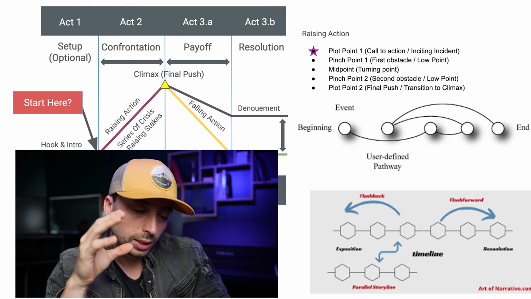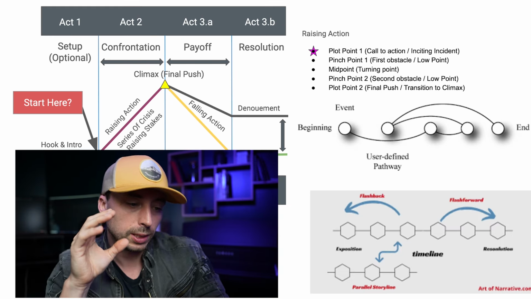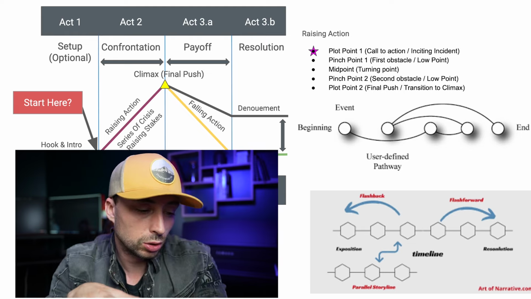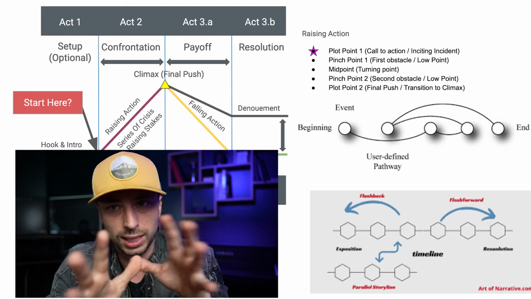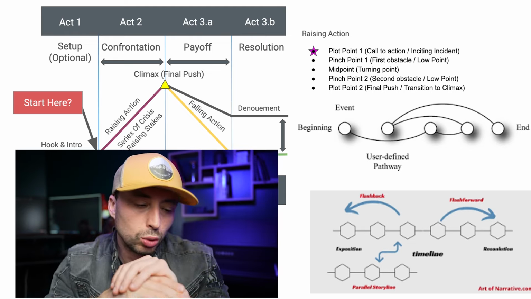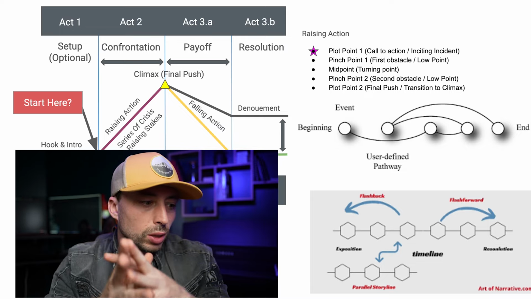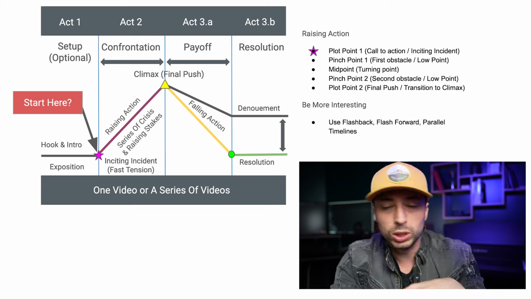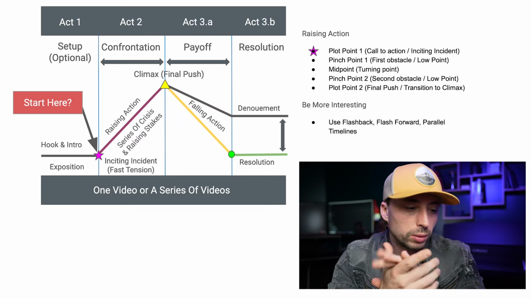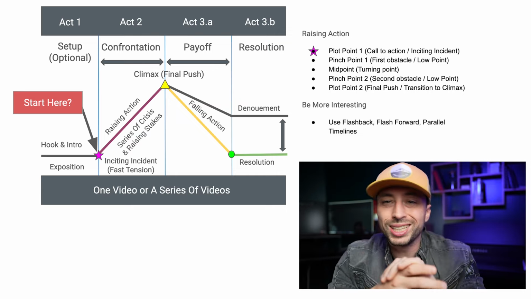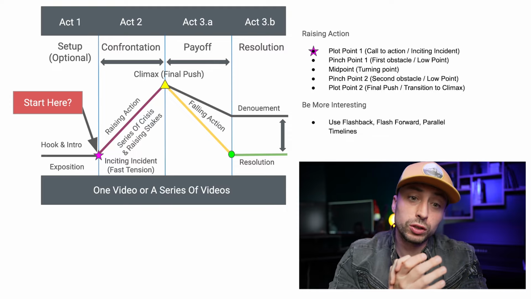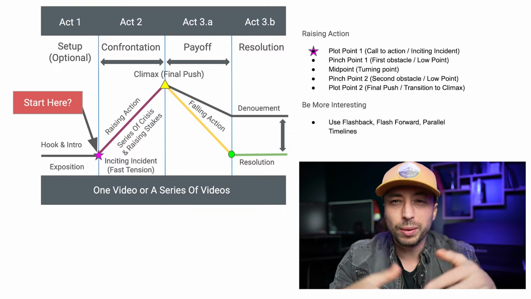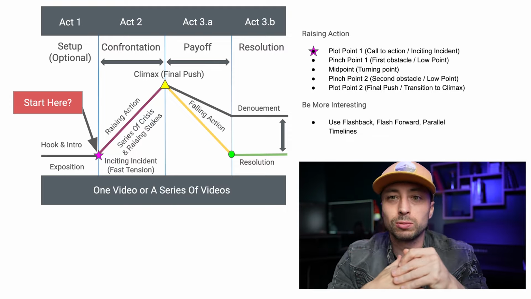Then this is a non-linear structure. Same here, that's too complex to just add and try to displace into our framework. But what we can do is just have a reminder, a bullet point, to not hesitate to use flashback, flash forward, or parallel timelines when we are explaining.